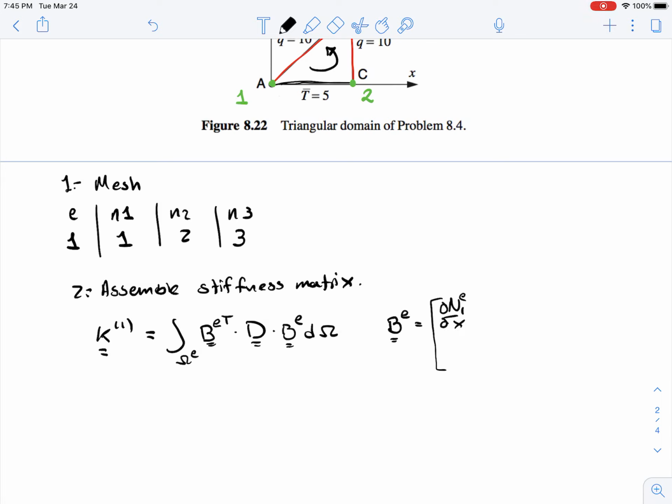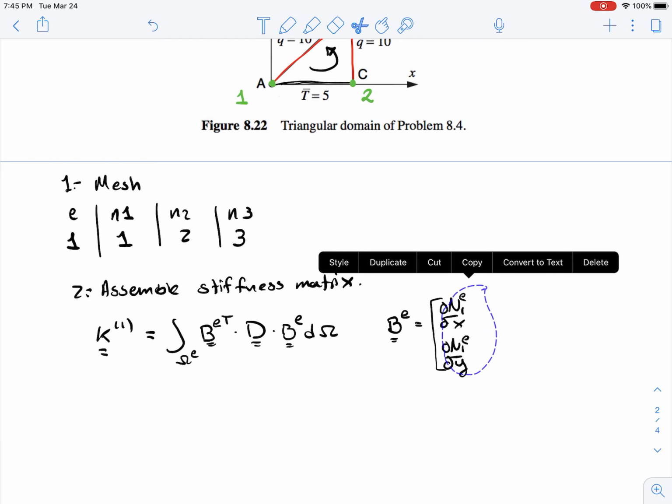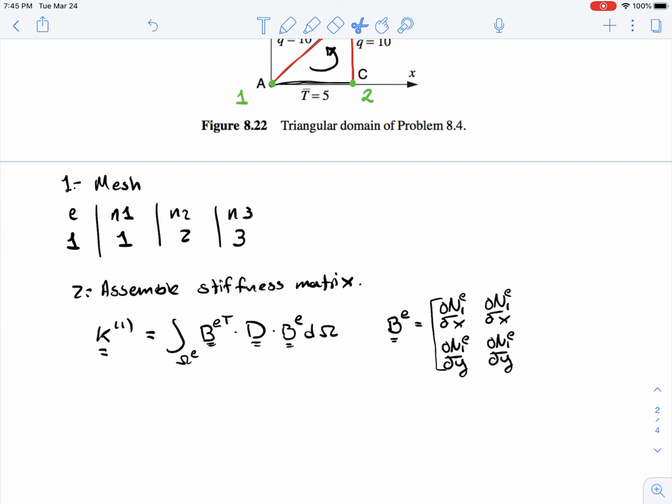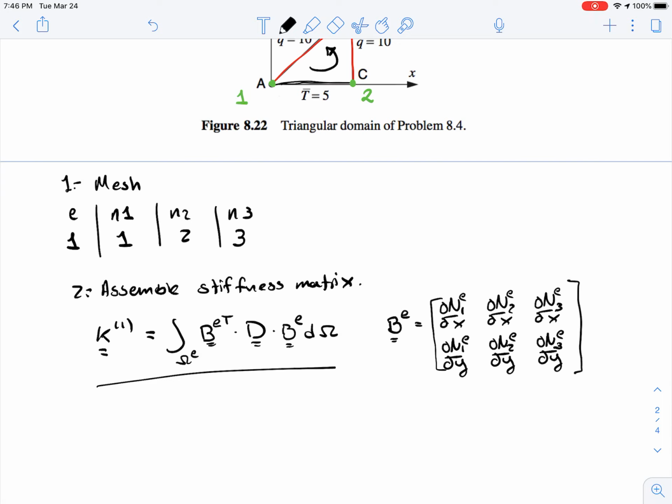So this would be the gradient of the first shape function, so both derivatives with respect to x and y, then the second and third shape function. Again, note that this definition of the stiffness matrix is the same for any element.